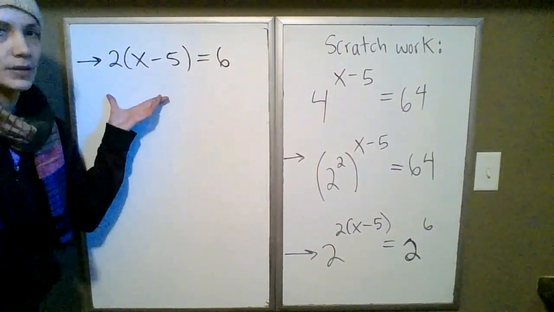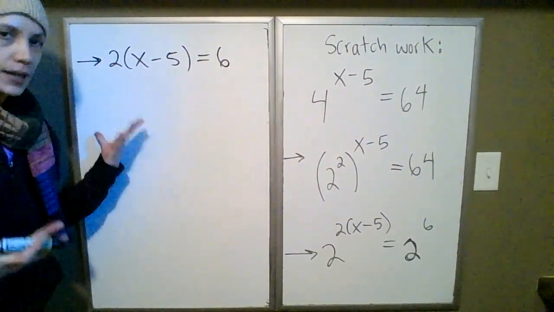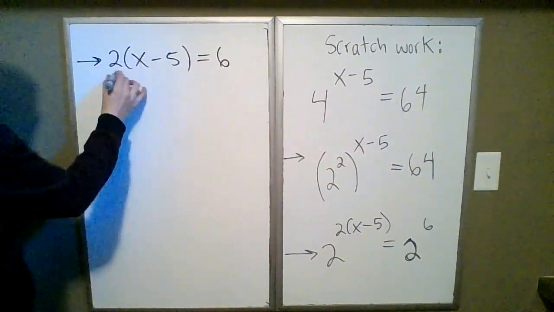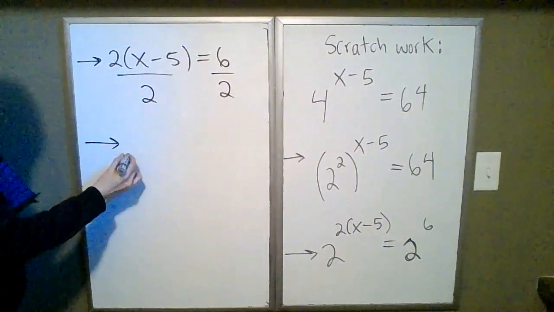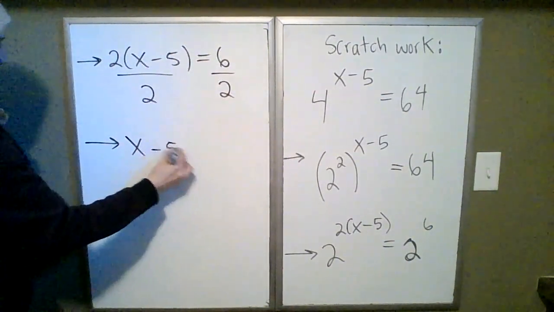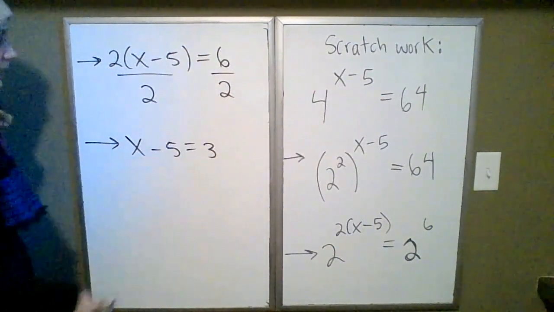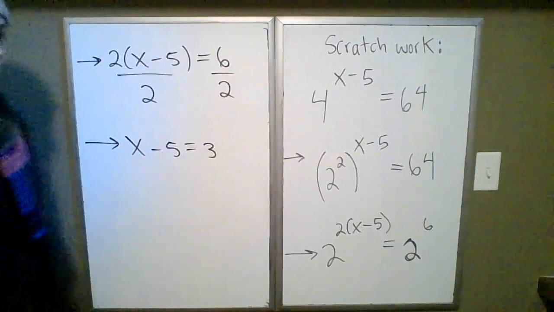Okay, and then keep on solving this for x. I divided both sides by 2. And then add 5 to each side.